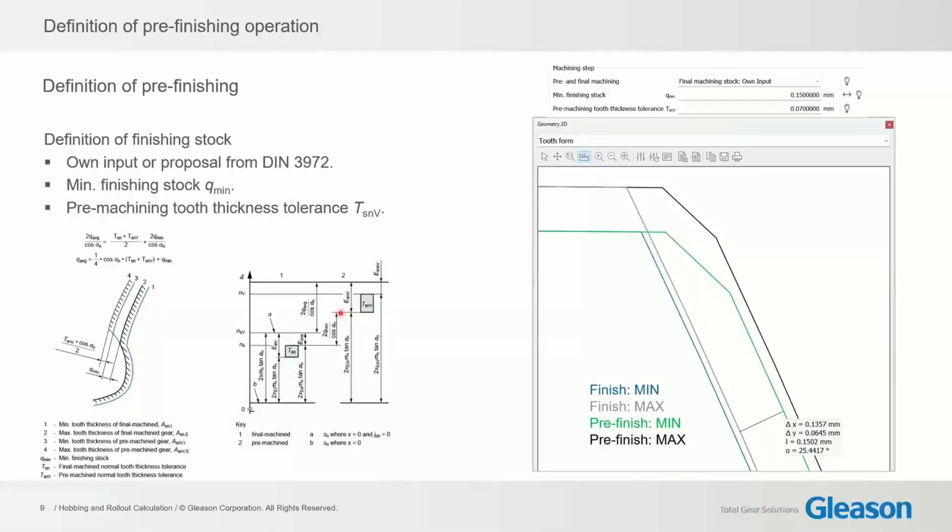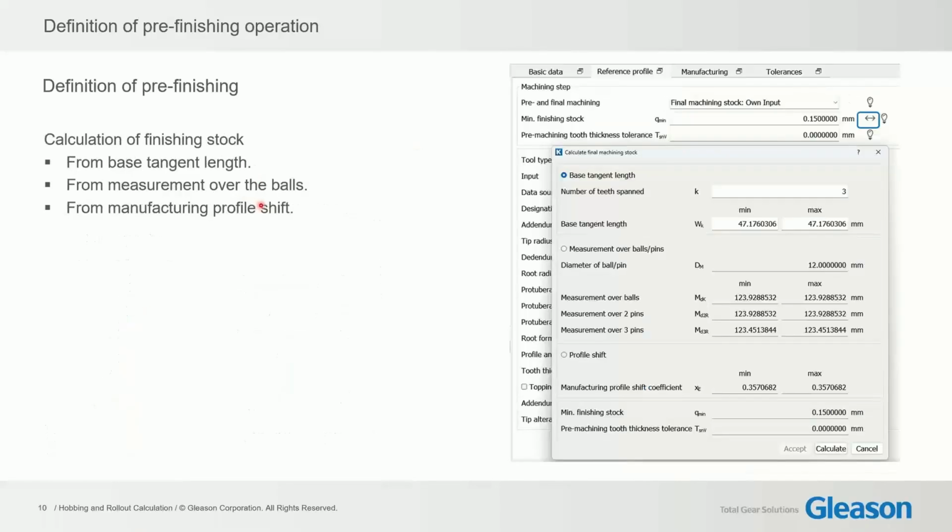Of course, we also need to define the tooth thickness tolerance of the pre-finish. In our case, we have a definition of TSNV as an input in the calculation. There is also a convert button available for the minimum finishing stock, and there you have three different options.